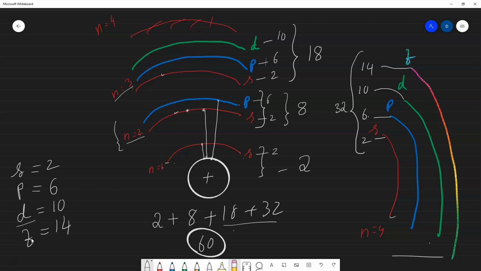Only after you fill the 2 electron s subshell, you can go to the p subshell. And when you start filling electrons for shell equal to 3, the s subshell is nearer to the nucleus than p and than d. So first you fill 2 electrons in s, then you fill all the 6 in p, then only you fill all the remaining 10 in d. This is how it works.